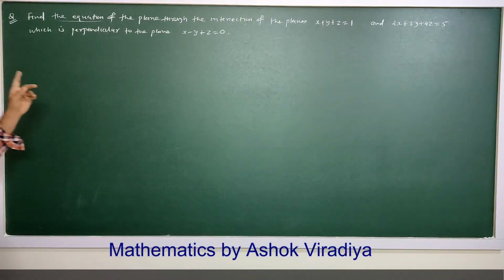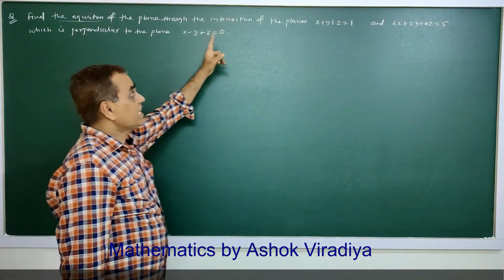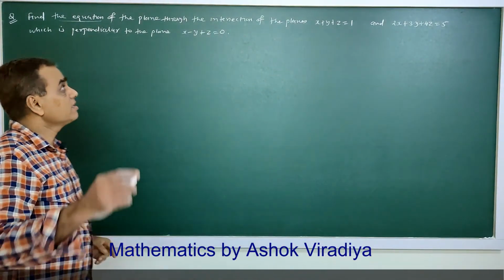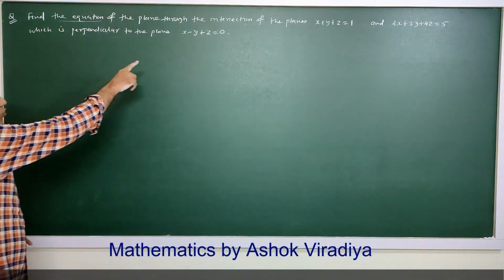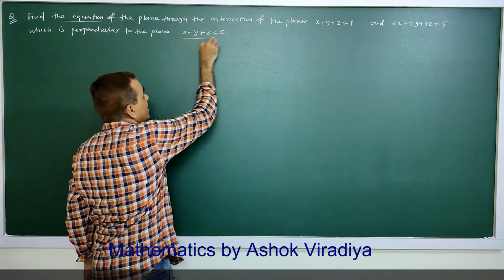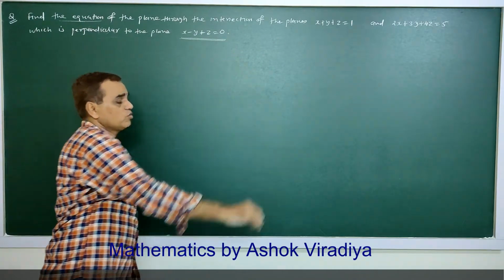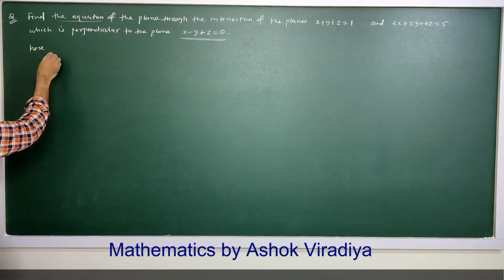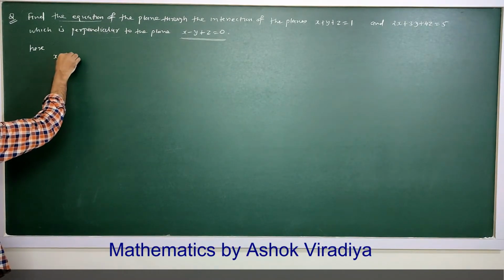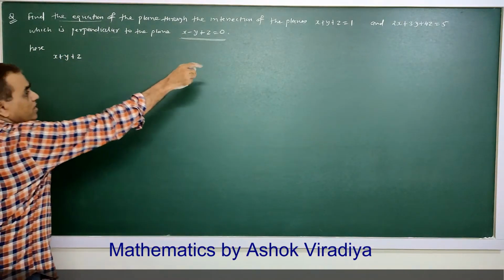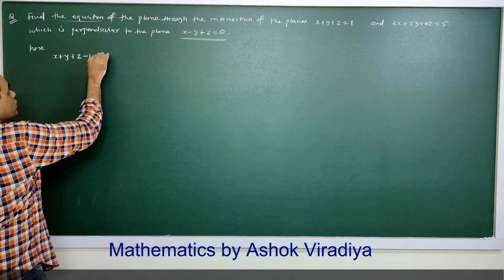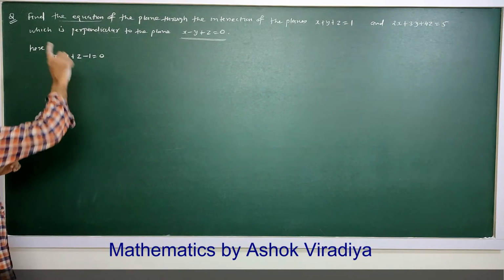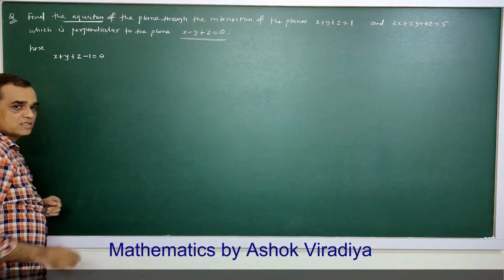Now find the equation of the plane through the intersection of these two planes and which is perpendicular to x minus y plus z equal to 0. Here the given planes are x plus y plus z, shifting 1 to the left side, minus 1 equal to 0. See, again in this question the words are "find equation".